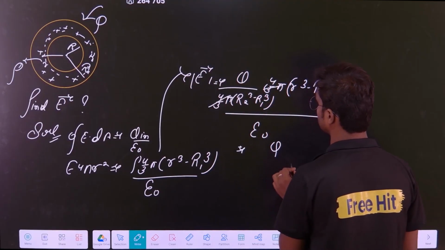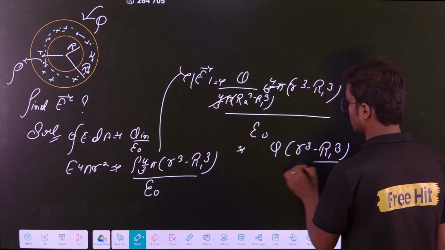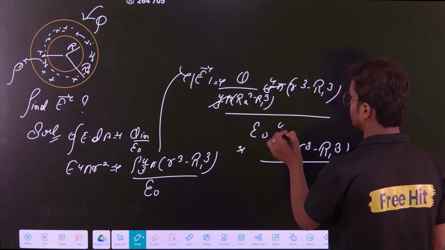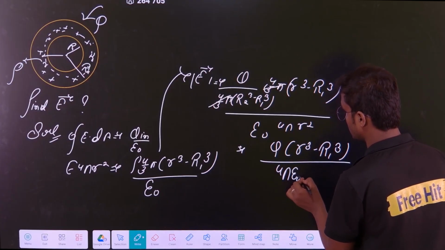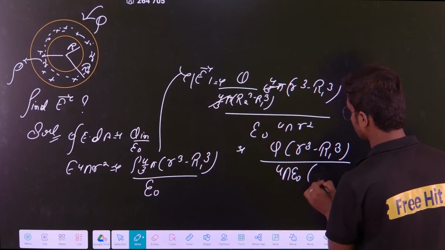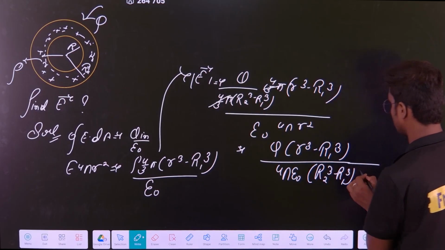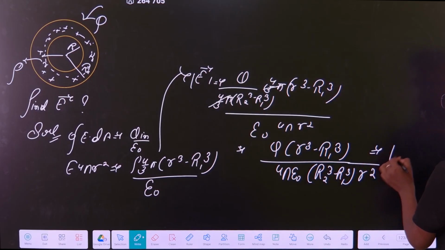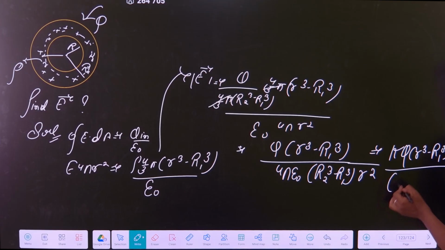That is Q into R cube minus R1 cube divided by 4 pi epsilon naught into R2 cube minus R1 cube, and there is a small term, that is R square. So from here I can write it as K Q into R cube minus R1 cube by R2 cube minus R1 cube into R square.